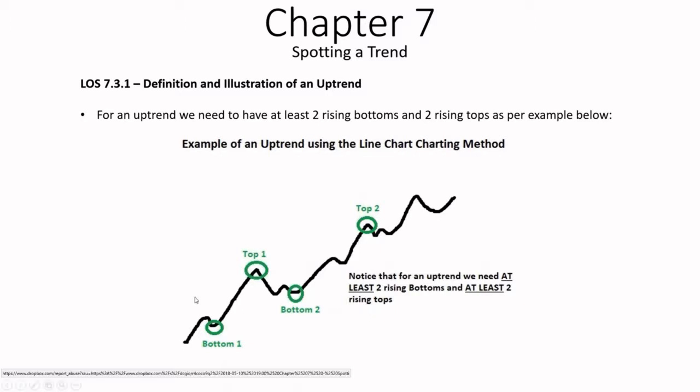So as we can see here, we have a bottom, then we have a second bottom, and the second bottom is at a higher price relative to the first one. Then we have a top, and then the second top is also at a higher price level than the first one. This technically defines an uptrend.